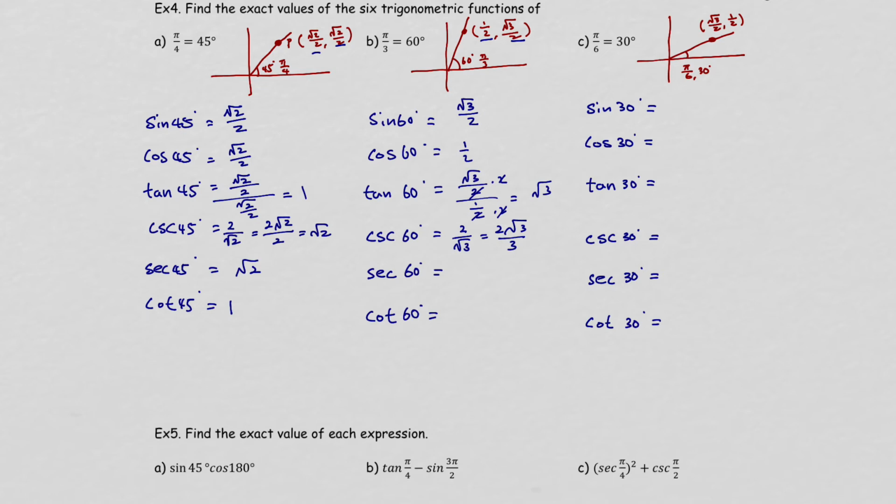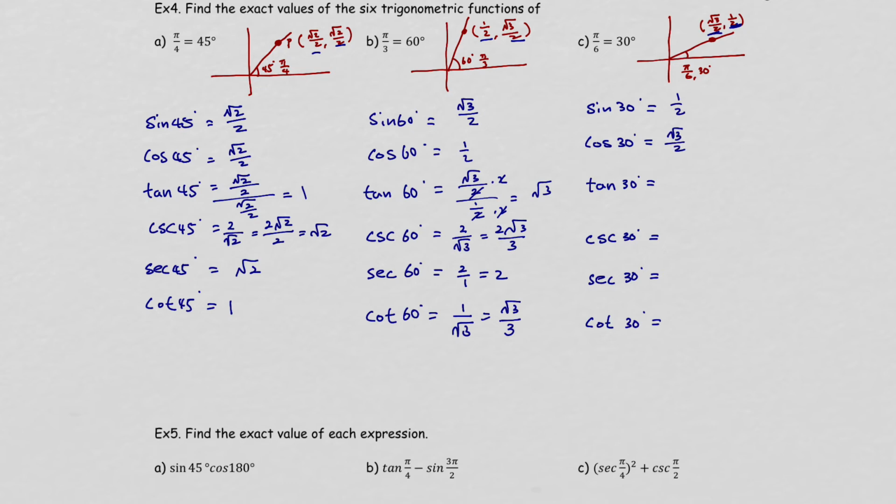Secant 60 degree is flipping of cosine. So it will be 2 over 1, which is 2. Cotangent, flip the tangent, you get 1 over square root of 3, which is square root of 3 over 3. Your sine of 30 degree is your y value. Cosine, your x value.